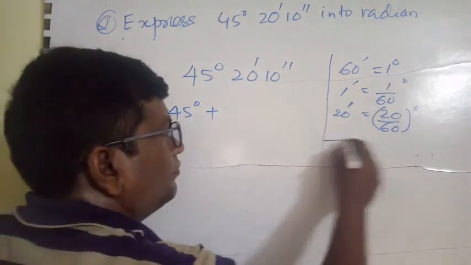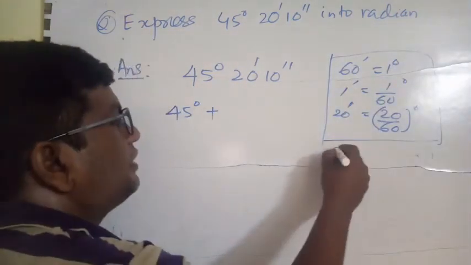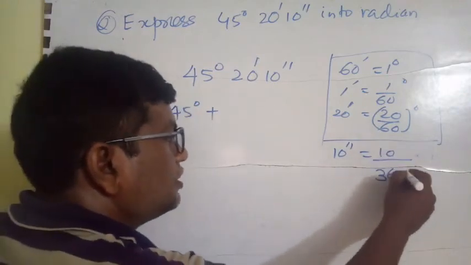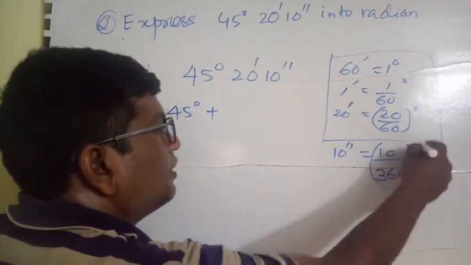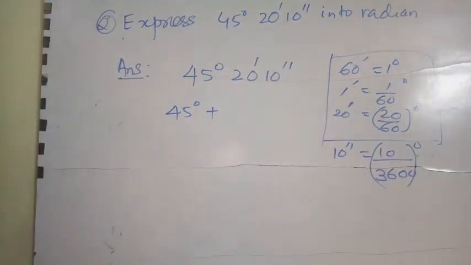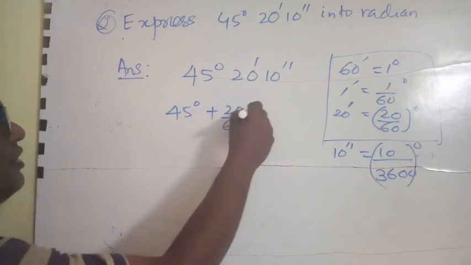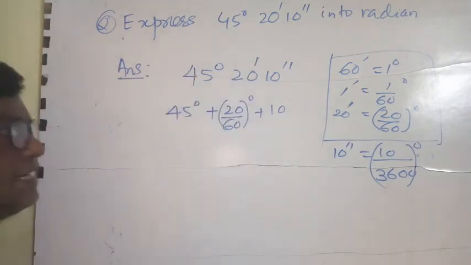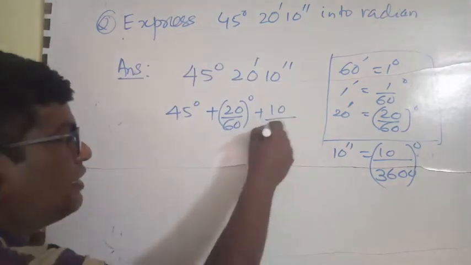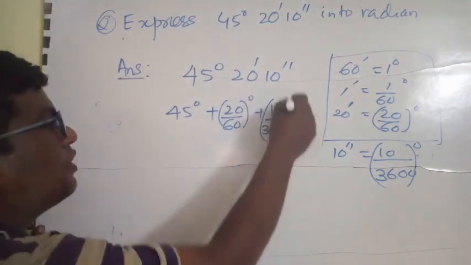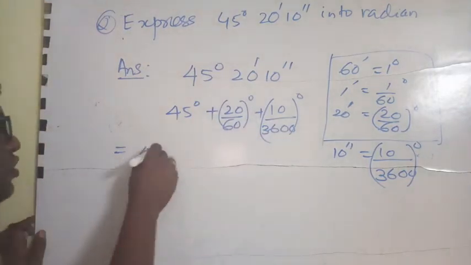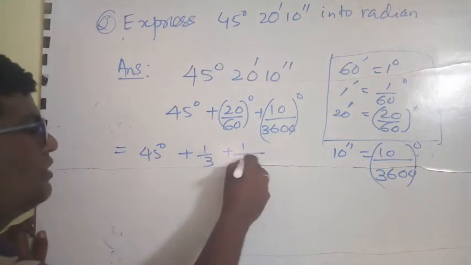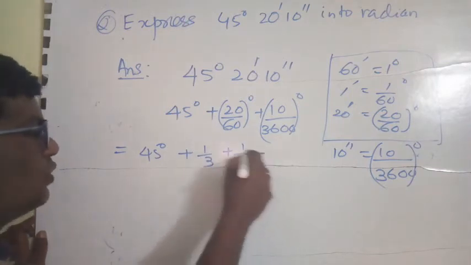Similarly 10 second is equal to 10 by 3600 degree. So put here 20 by 60 degree plus 10 by 3600 degree. This is equal to 45 degree plus 1 by 3 plus 1 by 360 degree.